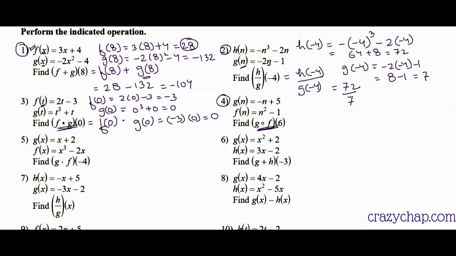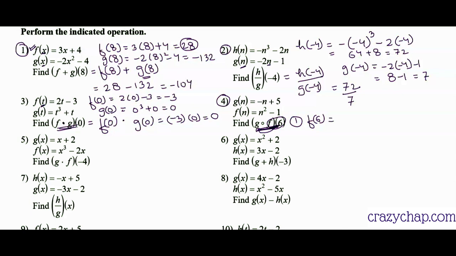In such a case, please understand my first job. The first job is you find the f(6) value, and then whatever value you get, you plug in that value in place of n in g. So my job is first to find the f(6) value.